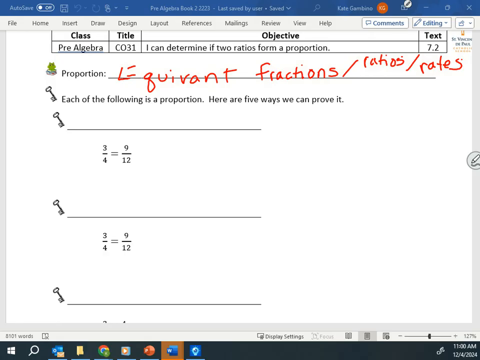So each of the following is a proportion. Here are 5 ways that we can prove they are equivalent.